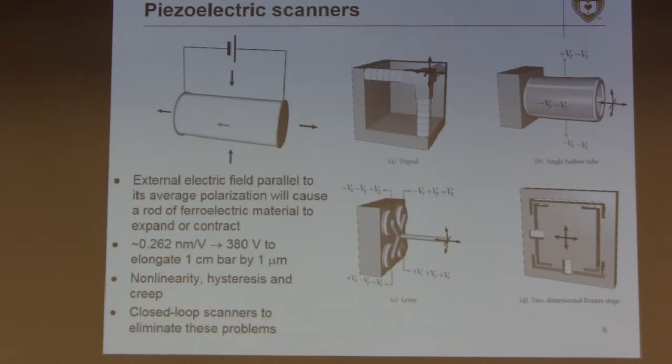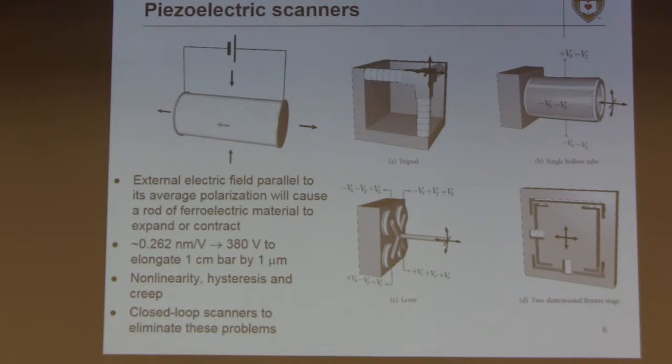So at the heart of it is the piezoelectric scanner, obviously. What else? The beauty of that is that in material science, we've known for a while that certain materials can move in the presence of an external electric field. Simply put, if you apply potential, things will start moving. Now, what potential?